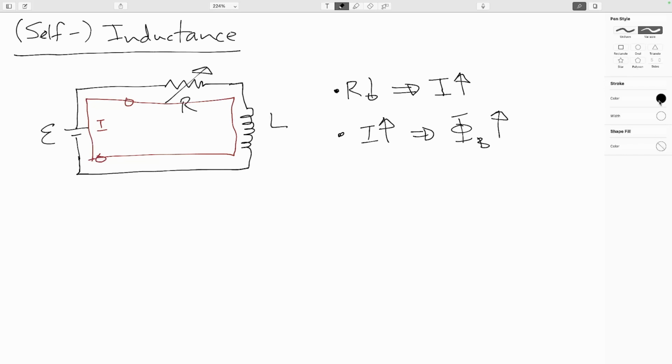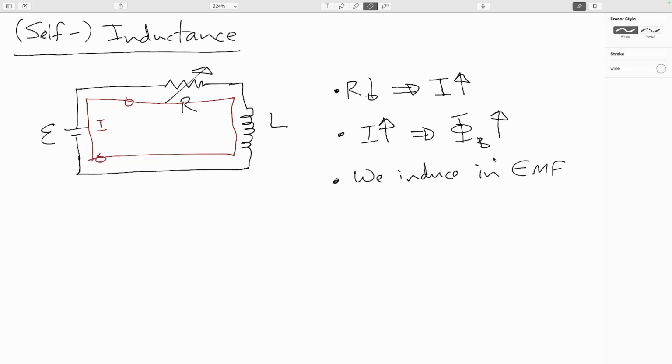So what this means is that by Faraday's law of induction, we will induce an EMF in the inductor.